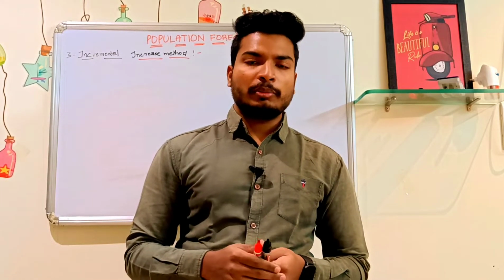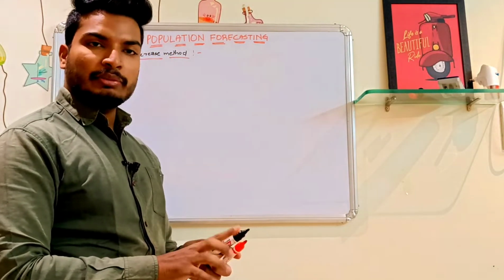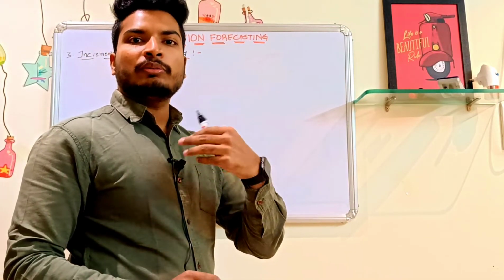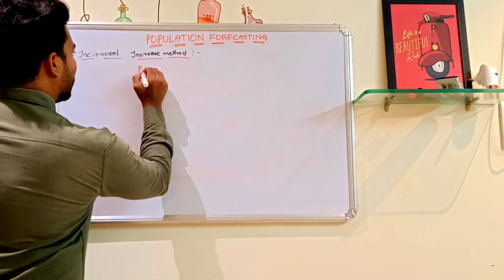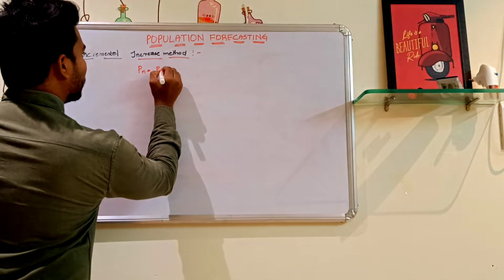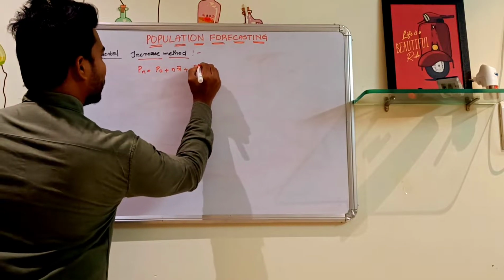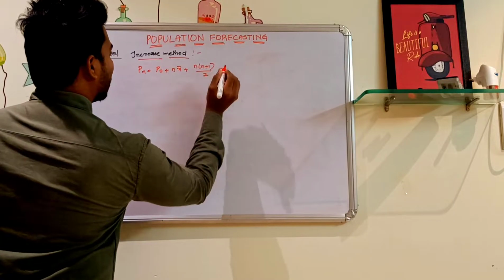Here the population may vary, so for this incremental increase method, the population will be forecasted based on this formula. Pn is equal to P naught plus n x bar plus n into (n plus 1) by 2 y bar.